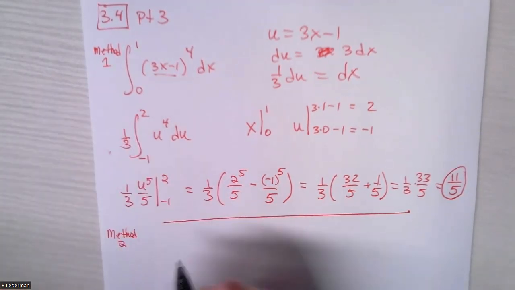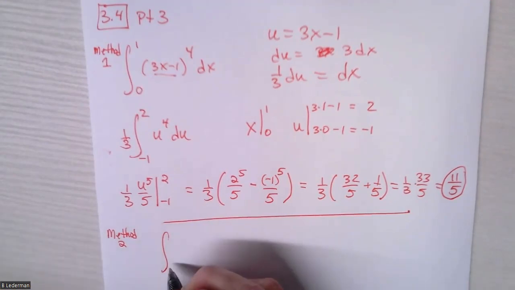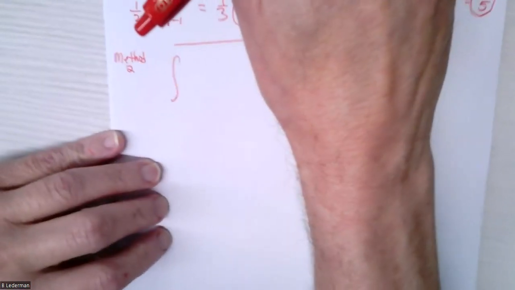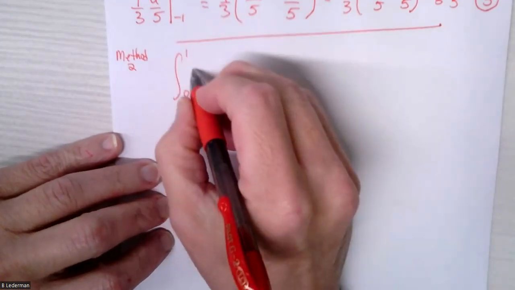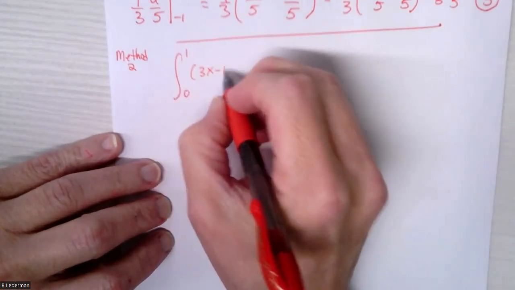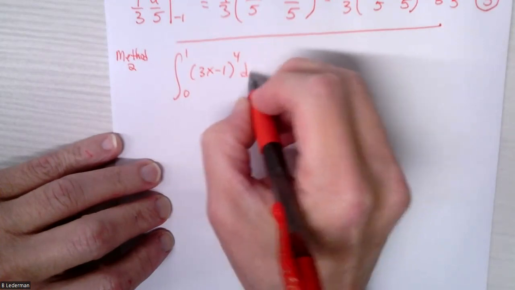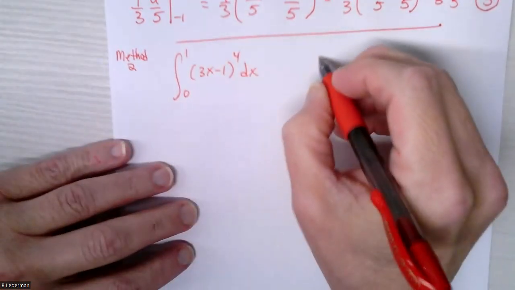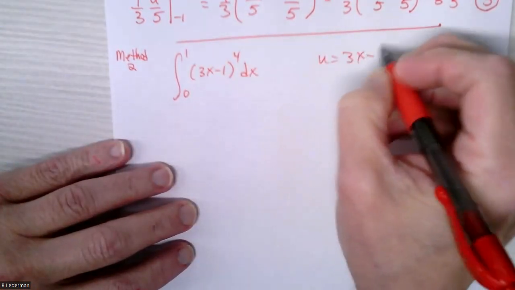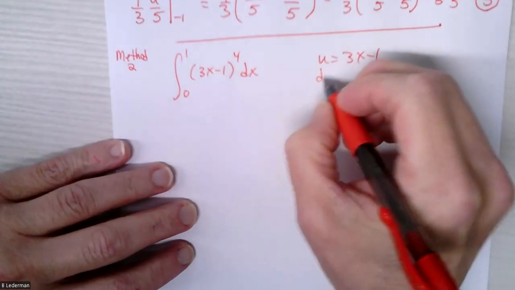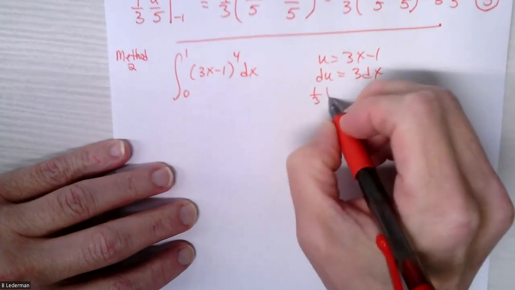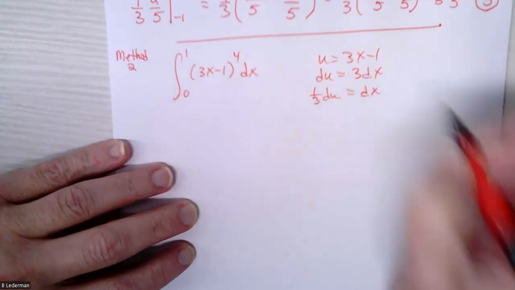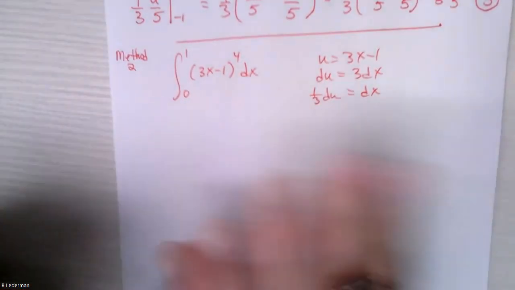Let's just start from the beginning. We have the integral from 0 to 1 of 3x minus 1 to the 4th dx. And we're going to let u equal 3x minus 1, and du equals 3 dx, which means 1/3 du equals dx. Same old.